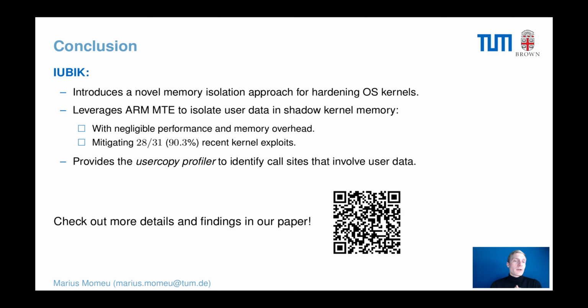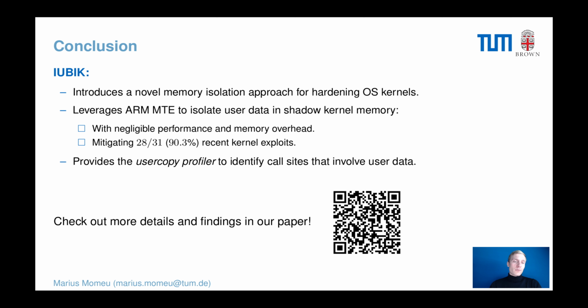In conclusion, UBK proposes a novel memory isolation approach to mitigate memory safety errors in operating system kernels by leveraging ARM's memory tagging extension to isolate user data while stored in kernel memory, and it achieves this with negligible performance and memory overhead.